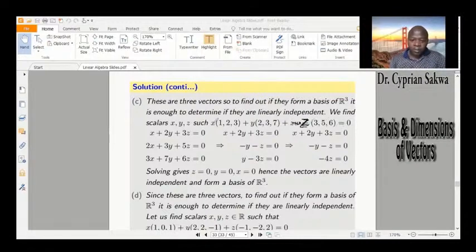So we want to see whether these x, y, and z are all 0. If x, y, and z are all 0, then these vectors are linearly independent.